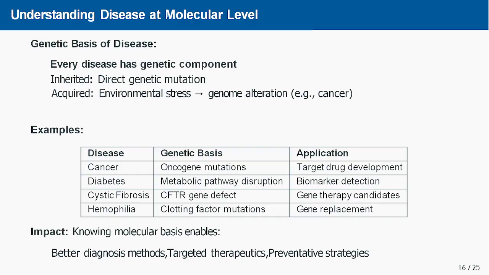Now, understanding the disease at the molecular level, basically the genetic basis of disease. Every disease has a genetic component, inherited or acquired. Either the disease has been inherited from parents, where a direct genetic mutation occurs and due to this mutation a disorder comes in the body, or it is acquired, meaning due to environmental stress the genome alters, which can cause cancer.